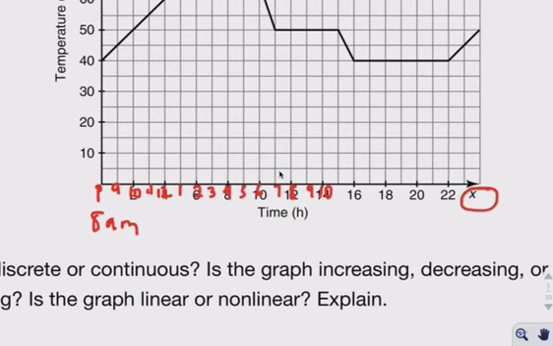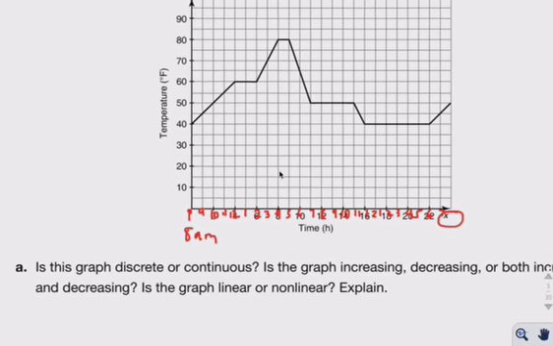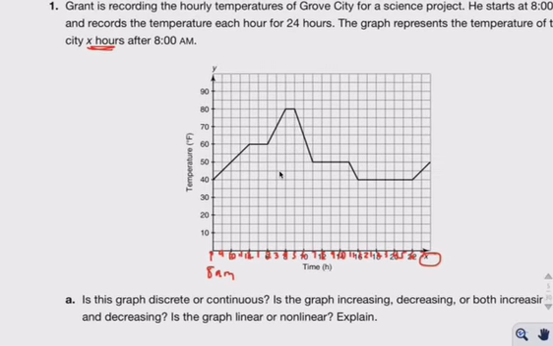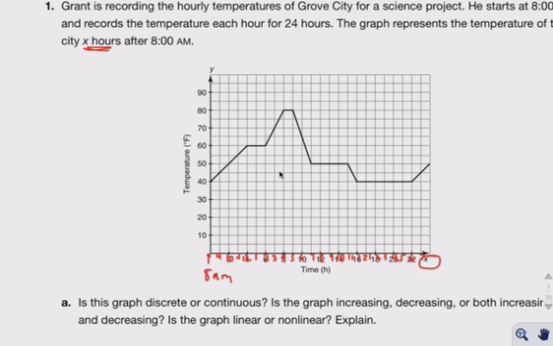Okay. 11 o'clock, 12, 1 in the morning, 2, 3, 4, 5, 6, 7 in the morning, going back to 8 in the morning. So I'm reading it that way, because this is X hours after 8 a.m., because this says after 8 a.m.